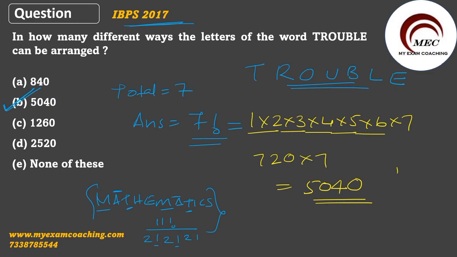Here there are total 7 letters, so we found 7 factorial. If there is repetition of letters, we have to divide by the factorial of the repetitions. Otherwise, you can find the total factorial. Very simple. That is the reason I have taken two different types of question from the same pattern.